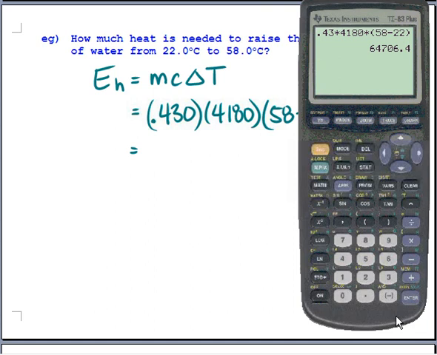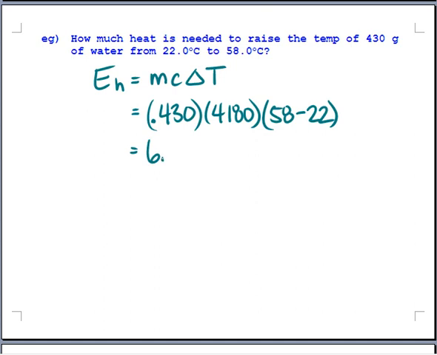There. Looks like we're going to need some scientific notation. 6.47 times 10 to the 4 J for joules. There's how much energy it would take to heat up that water. And that is a lot of joules, right? That's why it takes a few minutes in either the microwave or on the stove to heat up samples of water.